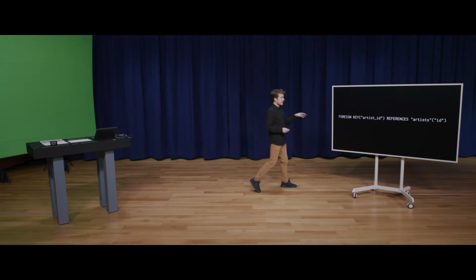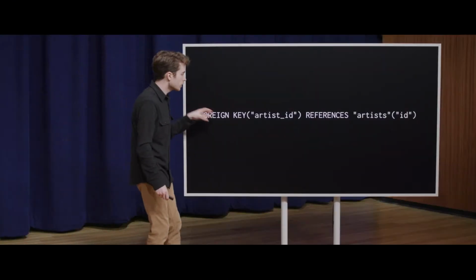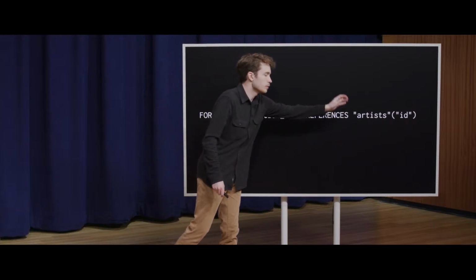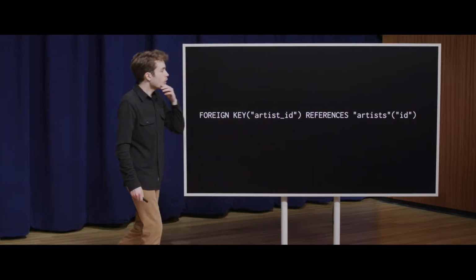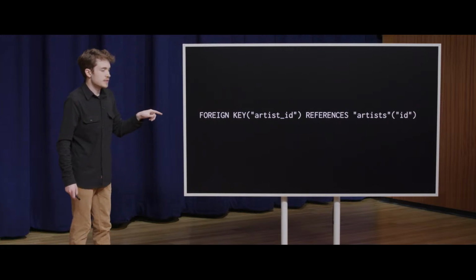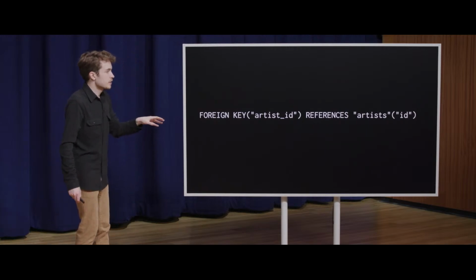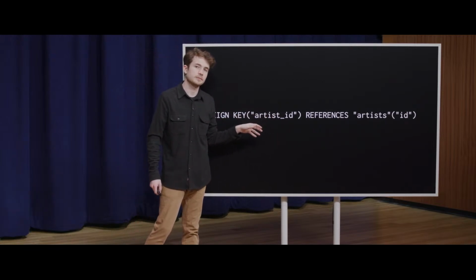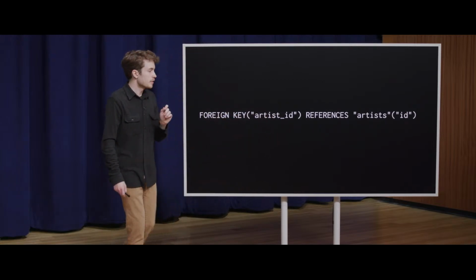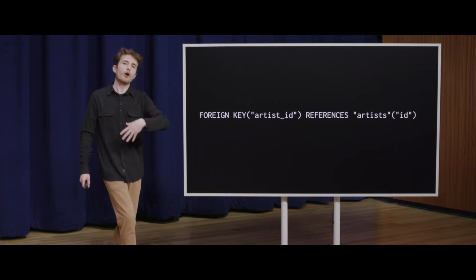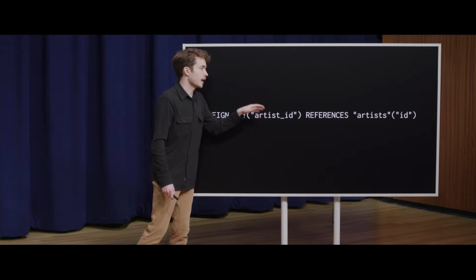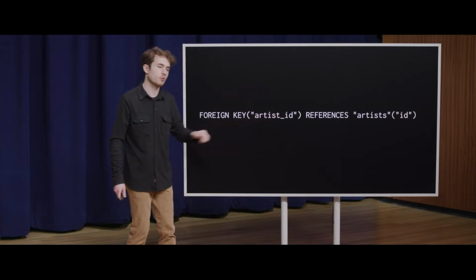In my created table, I had this line, foreign key, artist ID, references the ID column in artists. Well, if that is the case, I can't delete the artist with the ID referenced by this foreign key. But it turns out that I could specify some alternative action that happens when I try to delete the ID that is referenced by this foreign key.